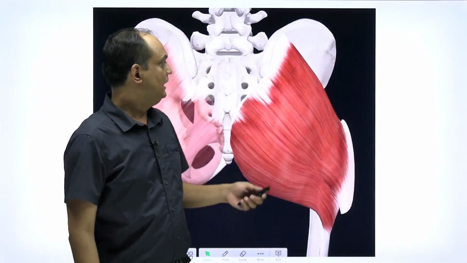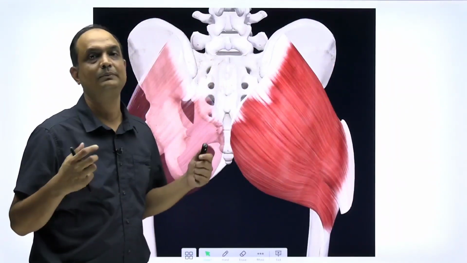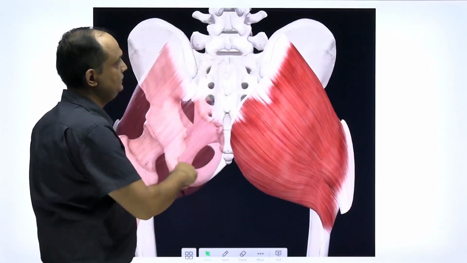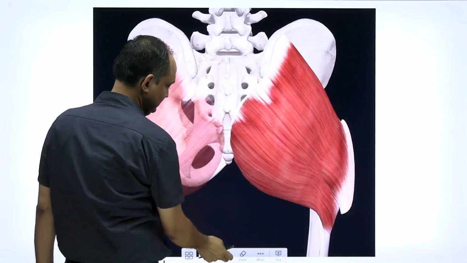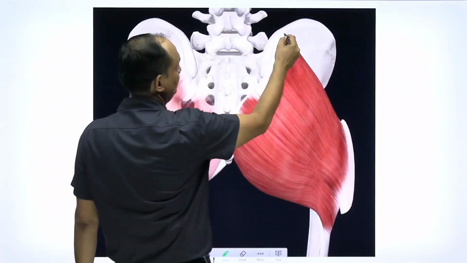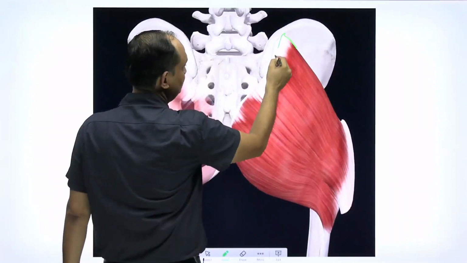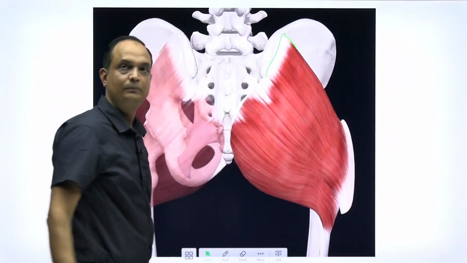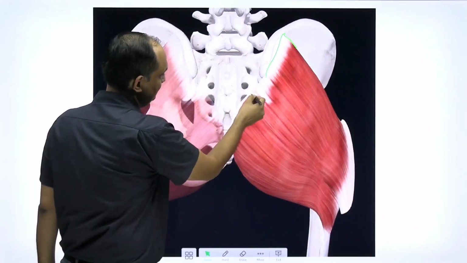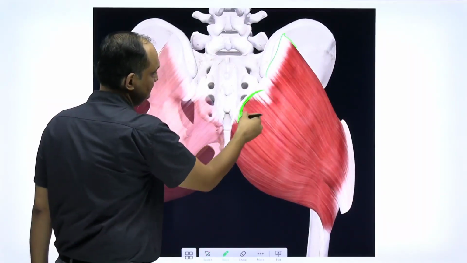Clear? Now, here you have the origin of the gluteus maximus. You know that gluteus maximus is a very big muscle of the gluteal region, and you have already read the hip bone, where it arises from the posterior side. This is the origin from the hip bone, but its origin continues on the sacrum, and it arises from this part of the sacrum.